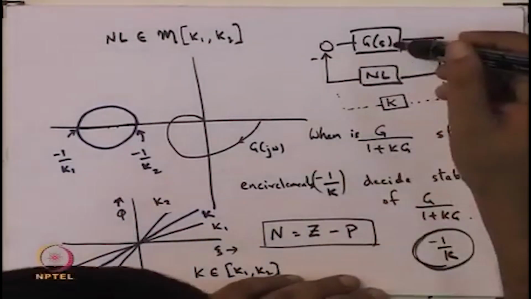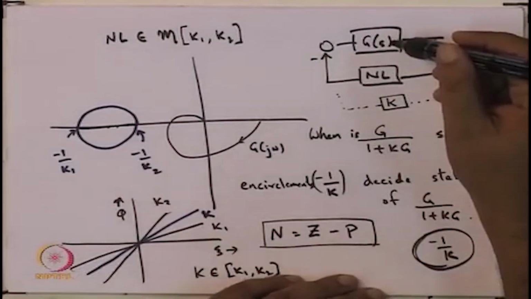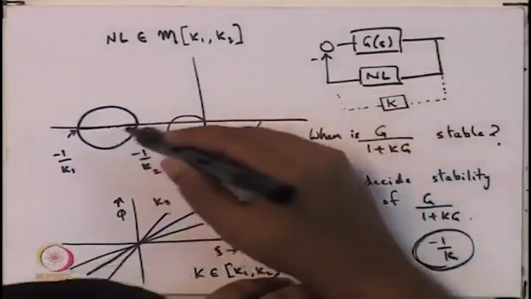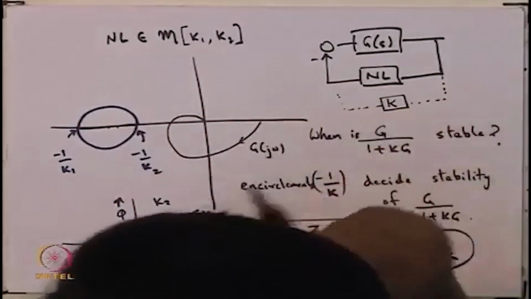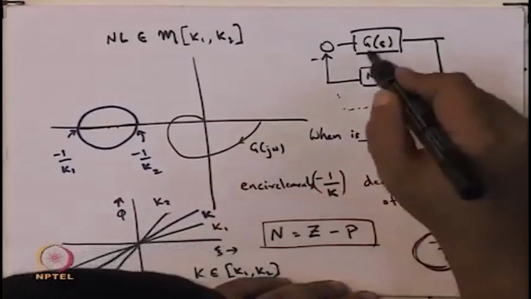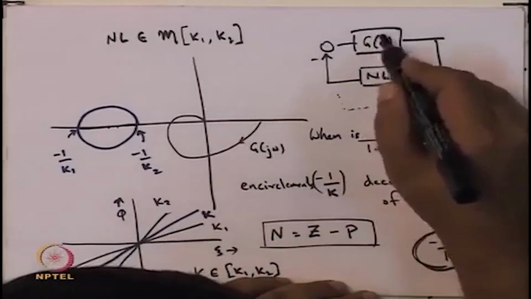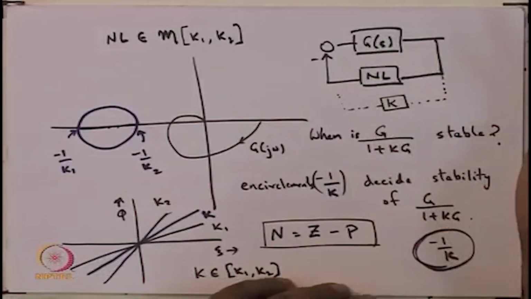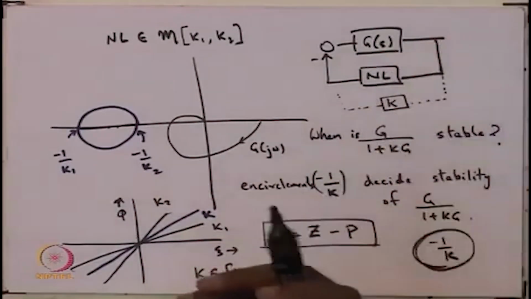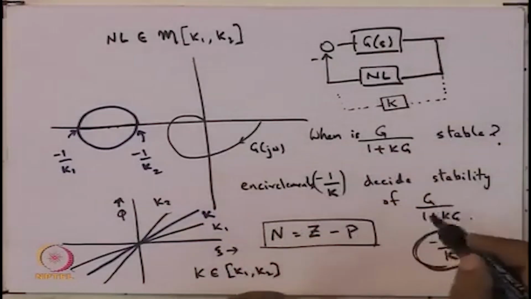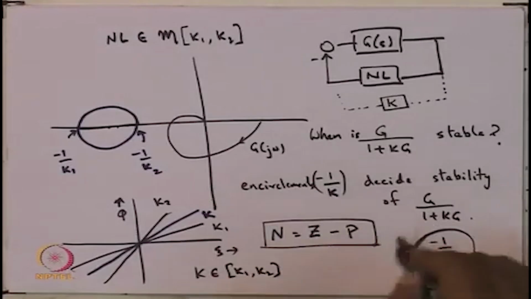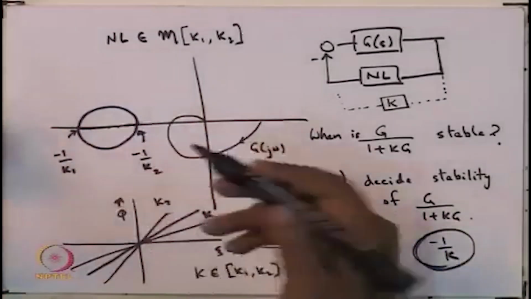Okay, that is, of course, if you start off with a g of s which is stable, then this Nyquist plot should not encircle. Okay. On the other hand, if you start off with some g of s which is not stable, that means it has poles or zeros in the right half plane, then what you would get is that each of the times it should encircle the point minus 1 by k the appropriate number of times in the clockwise or the anti-clockwise direction.